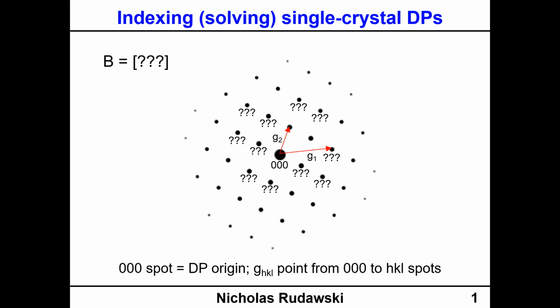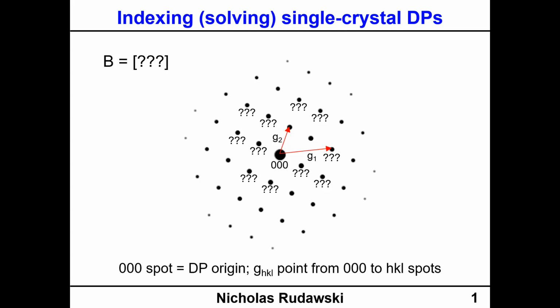Now, if we're working with a hexagonal crystal, we would use 4 indices. We're not going to talk about that in this video, but that would be a specific example where we would deviate from that. Otherwise, we'd be using 3 index notation. We define the origin as 000 being the direct beam, and then we can draw vectors from the direct beam to any of the spots, and we call those G vectors.